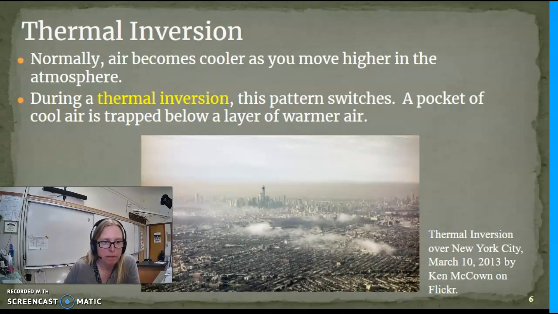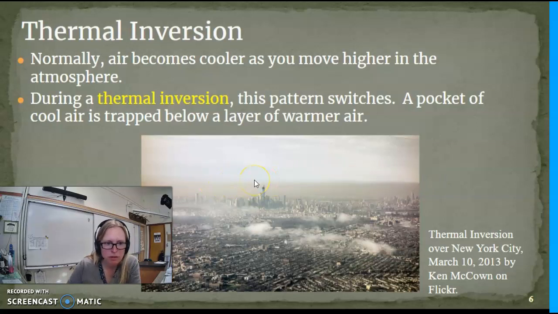Also, the worksheet about Donora asked about inversion layers and what happens. This is an example of a thermal inversion over New York City. You can see that layer of smog and fog that's trapped there.